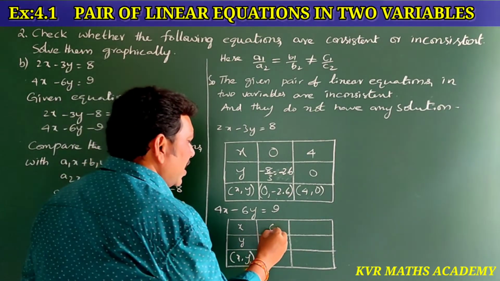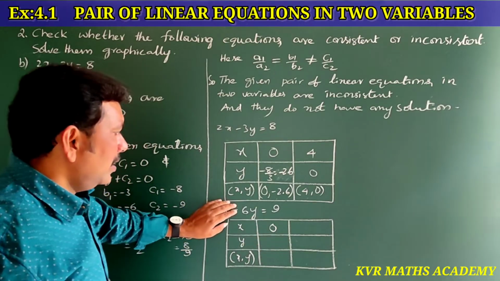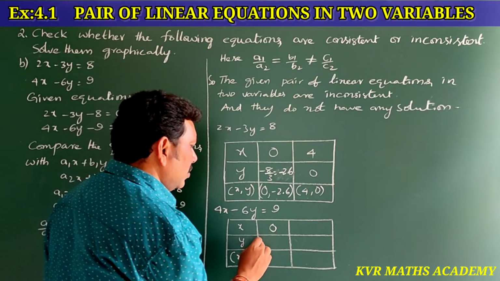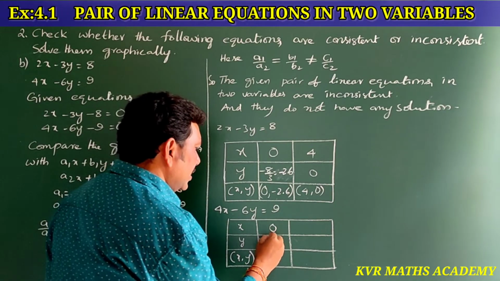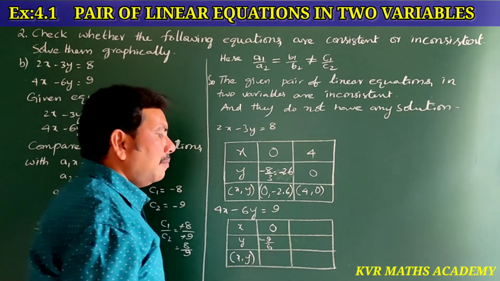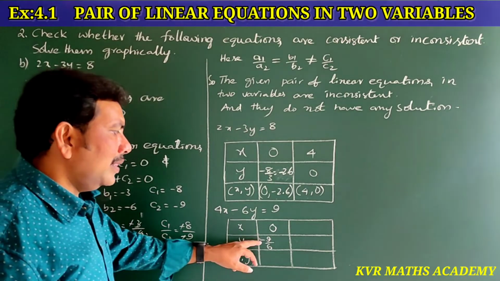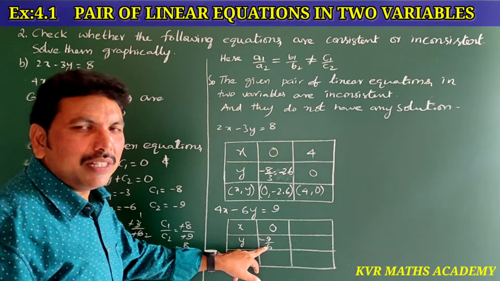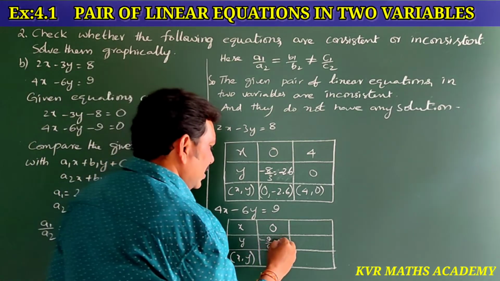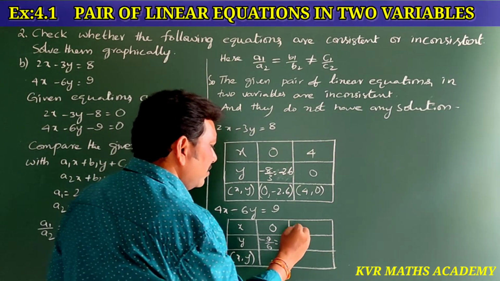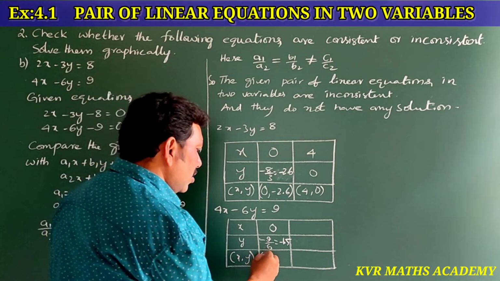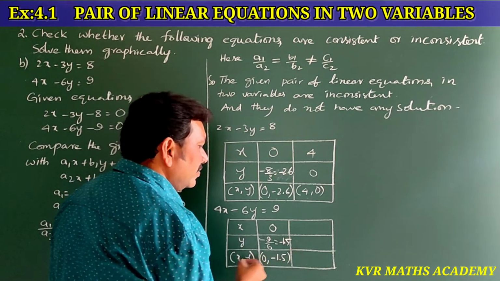So in the place of x take 0, then this will be 0, y is equal to minus 9 by 6. Minus 9 by 6 means minus 3 by 2, which means minus 1.5, isn't it? So that point is 0 comma minus 1.5.